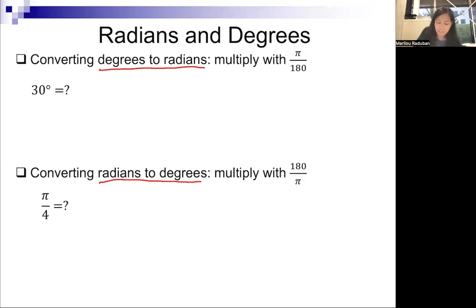Right, so say 30 degrees. How do we convert 30 degrees to radians? We simply multiply 30 degrees with pi divided by 180.